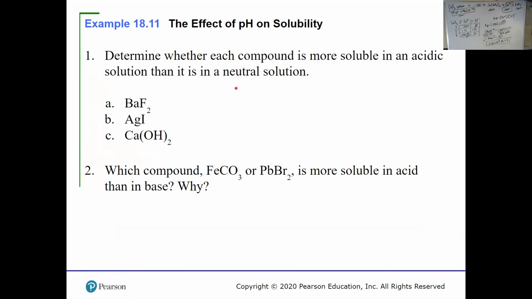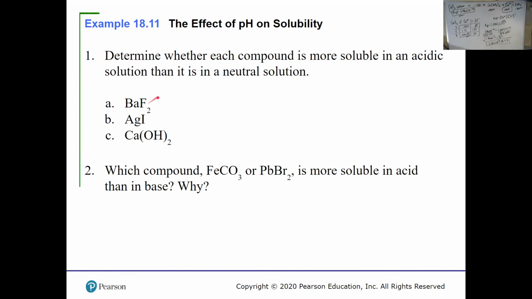solutions that have a basic anion are going to want to react with acids. Okay, so if you have a compound that when it dissociates in solution has one of the ions with a basic component to it, that compound is going to be more readily dissolved in acid because the basic component is going to want to react with the acidic component.